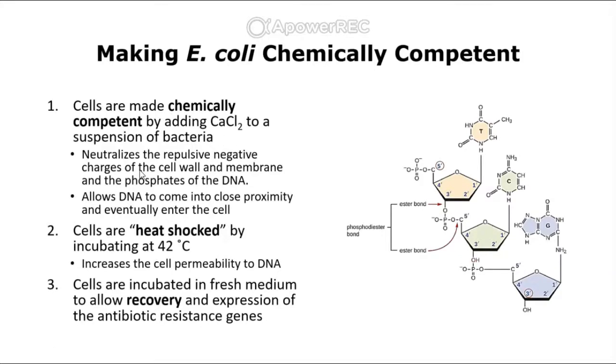Calcium chloride neutralizes the repulsive negative charges of the cell wall and membrane of the phosphates in DNA. As you can see, calcium from calcium chloride is positively charged. So when it interacts with a phosphate group, it neutralizes this negative charge. And this allows the DNA and the cell to come into close contact with each other. Otherwise, they repel each other like two negative poles on a magnet.